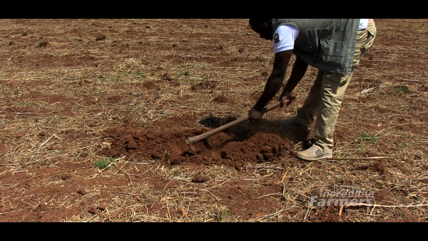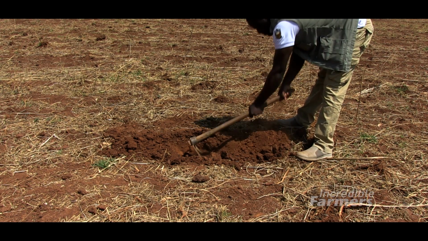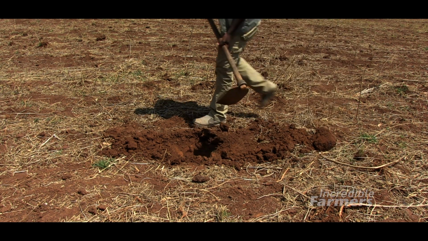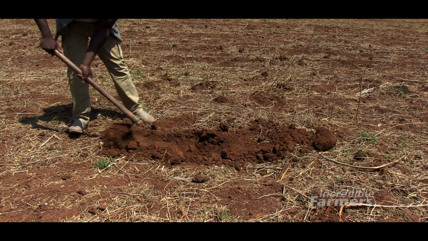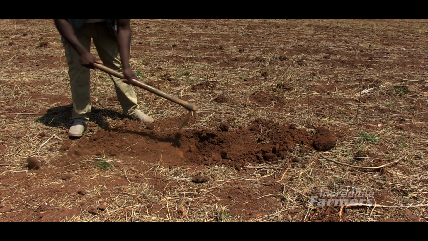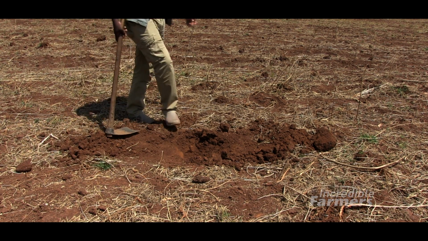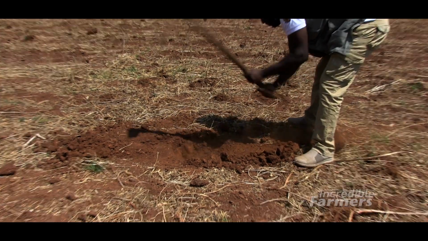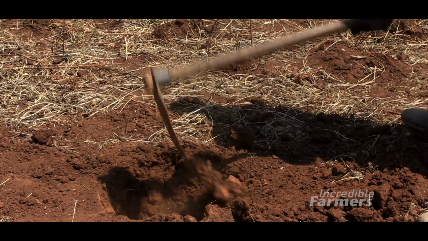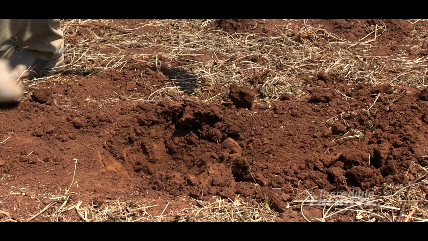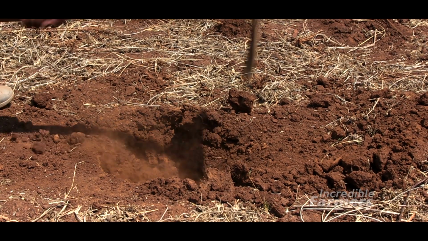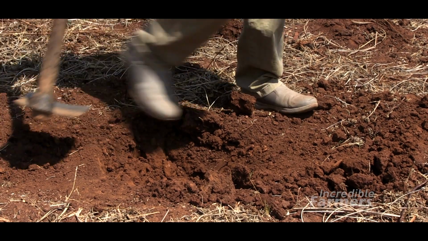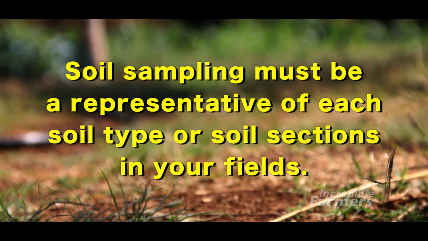After you have left the hole empty, you then scrape from the top to the bottom on the sides of your hole, and the soil will fall into the pit. And then you collect the soil that has accumulated in the hole. That's the soil that you use for sampling. So you repeat this process over and over on a portion of land.